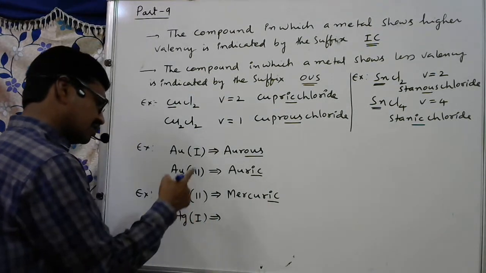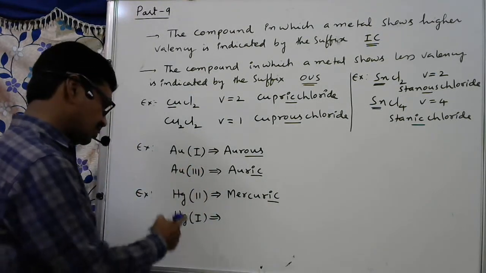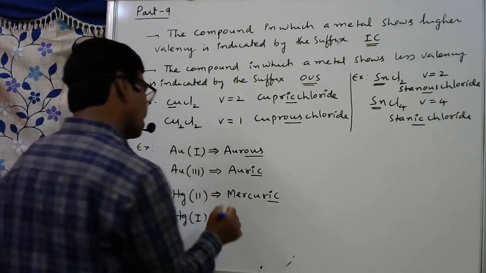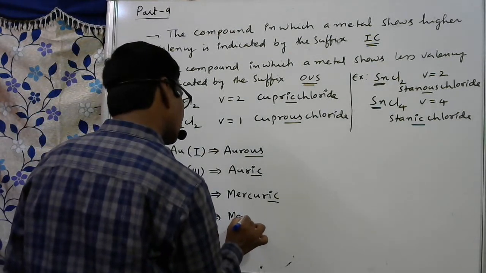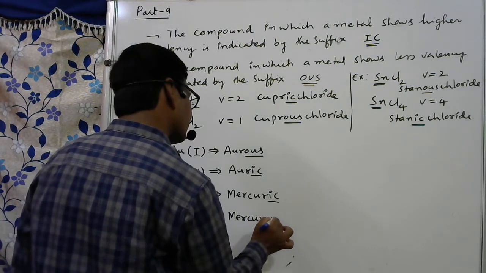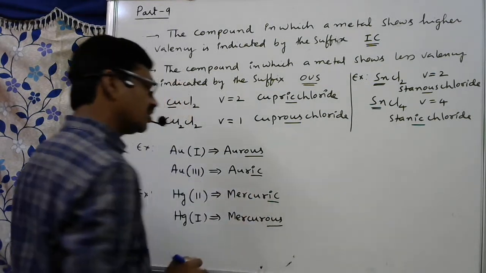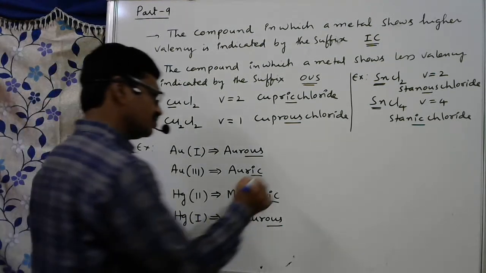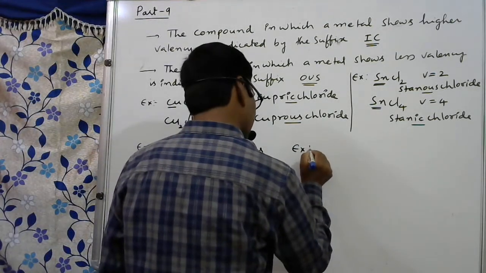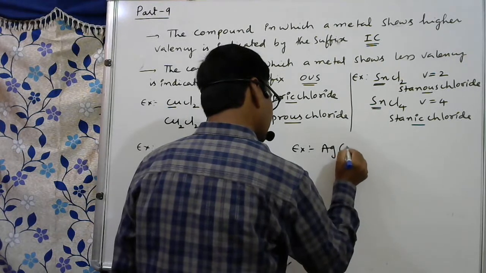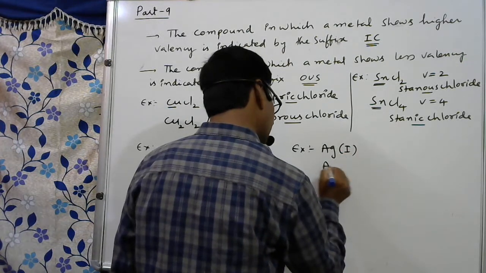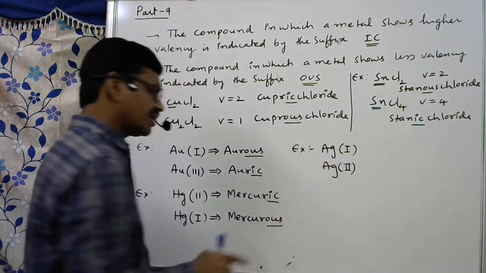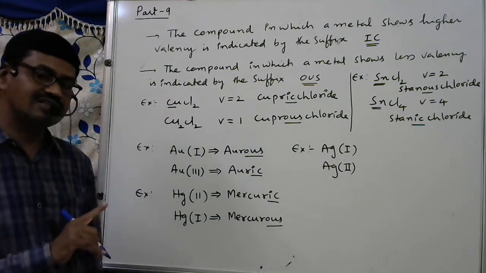Which is higher, that will take the ic term. Which has lower valency, that will take ous. It is mercurous, mercury. Similarly, silver also: Ag(I), then Ag(II). The Roman numerals in brackets are nothing but their valency.